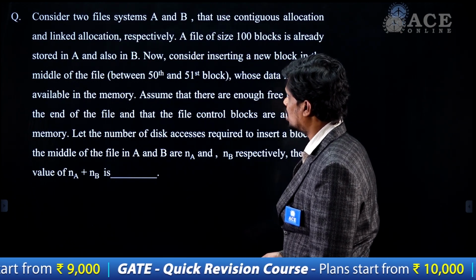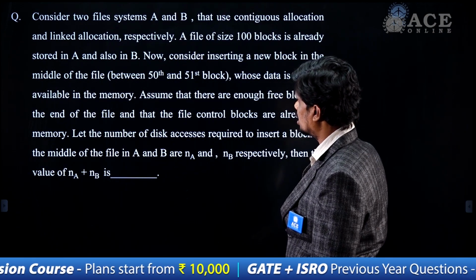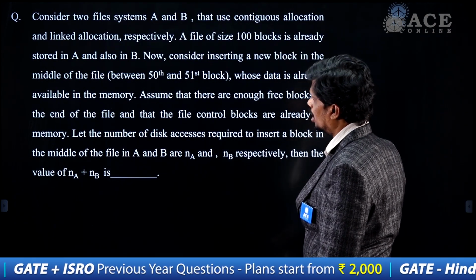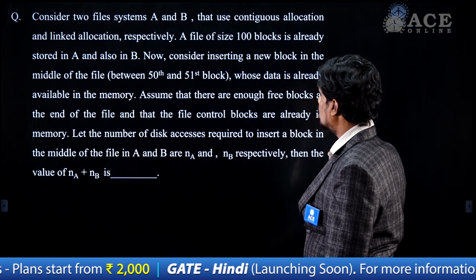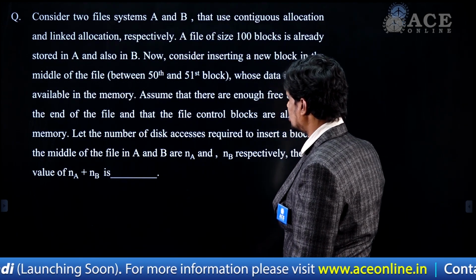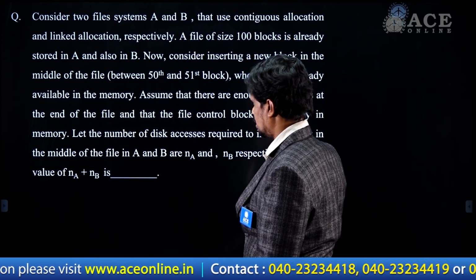Consider two file systems A and B that use contiguous allocation and linked allocation respectively. A file of size 100 blocks is already stored in A and also in B. Now consider inserting a new block in the middle of the file, that is between the 50th and 51st block, whose data is already available in the main memory.